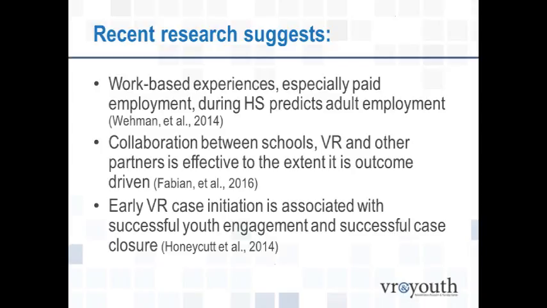It suggests the following: first of all, work-based experiences, especially paid employment during high school, strongly predict adult employment for youth with disabilities. This is key to the model that I'm going to be talking about because it's heavily featured in it, and it features both paid and unpaid work experiences during the high school years. I'll give more detail about that later.